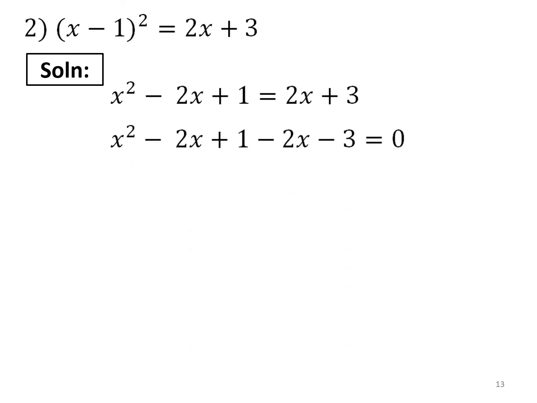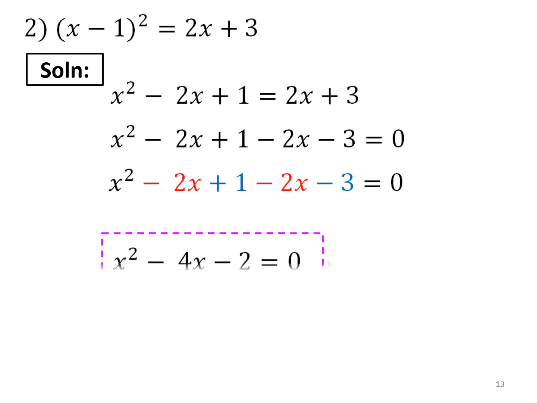2x plus 3 on my right hand side will be brought to my left hand side. So it will become x square minus 2x plus 1 minus 2x minus 3 is equal to 0. The similar terms are color coordinated. Minus 2x and minus 2x will become minus 4x, plus 1 minus 3 will become minus 2.